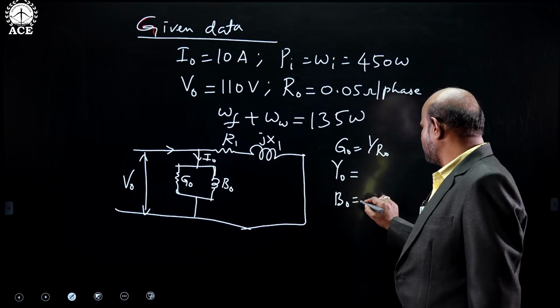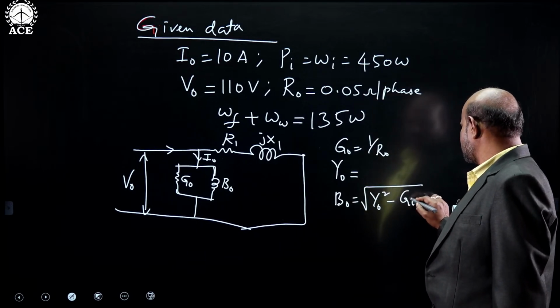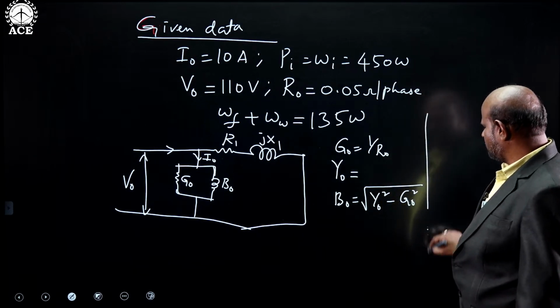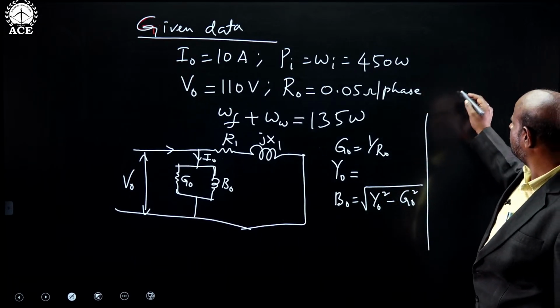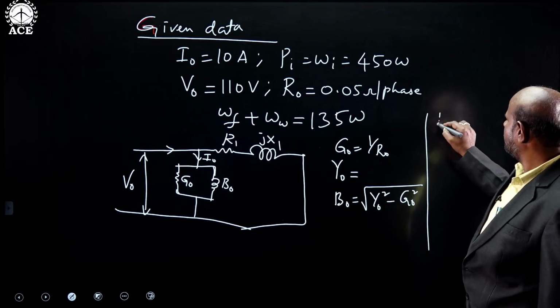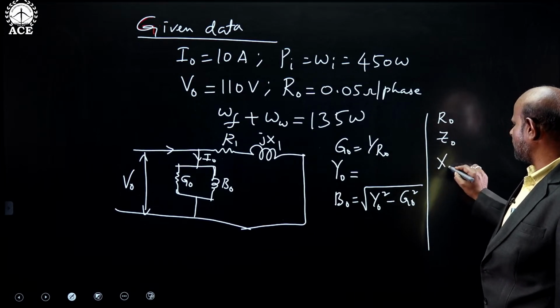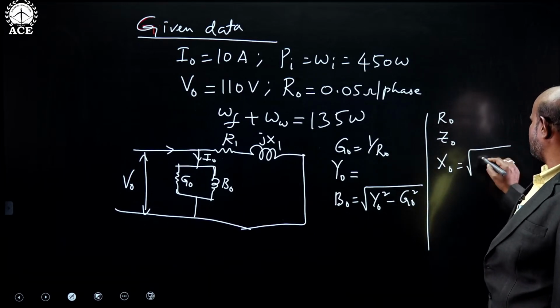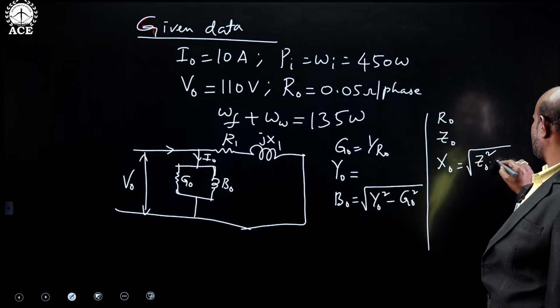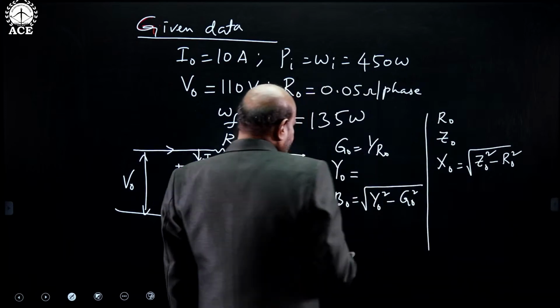B naught equals the square root of Y naught square minus G naught square. As we know already, if you know R naught and Z naught, you can find out X naught: X naught equals the square root of Z naught square minus R naught square. In the same way, we can find out B naught.